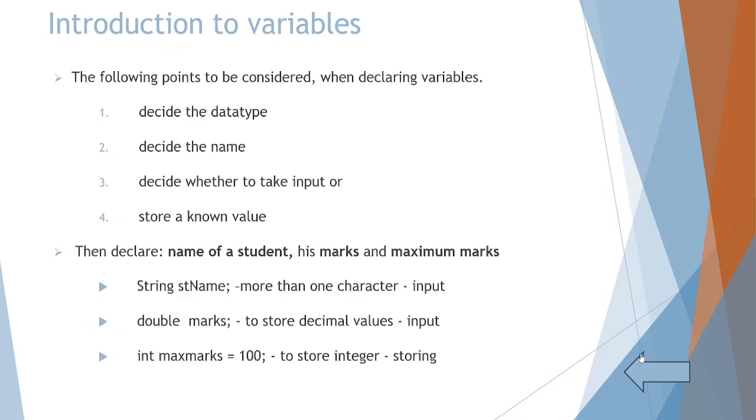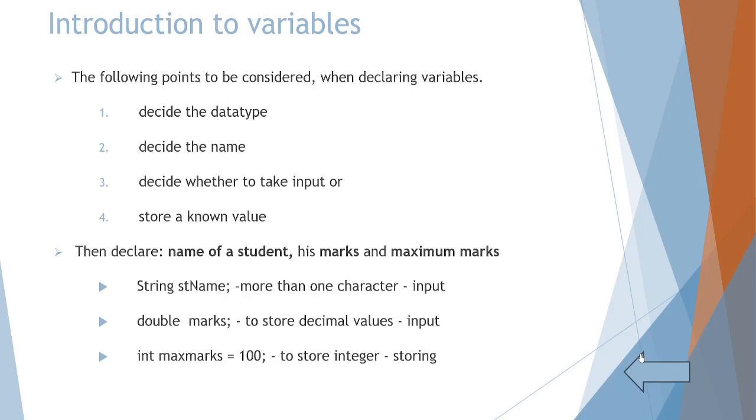Now, whenever we want to declare a variable, that is, reserve space, the following points are to be considered. First of all, we need to decide the data type as a programmer. Data type, very important. In case of name, it is a collection of characters, so we have to decide that it is a string.